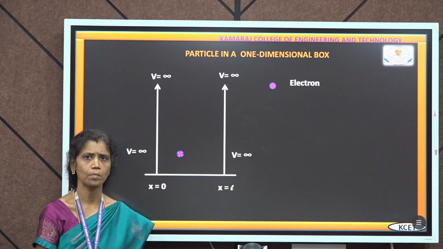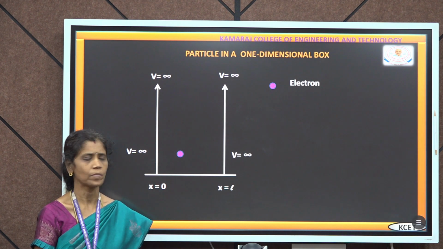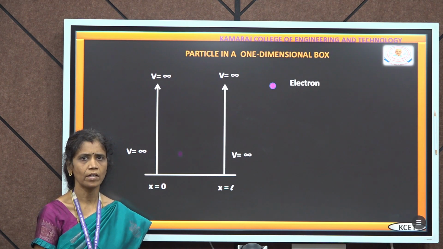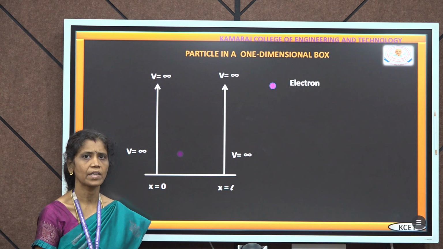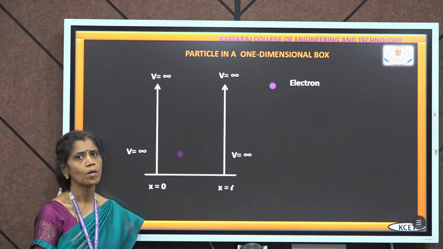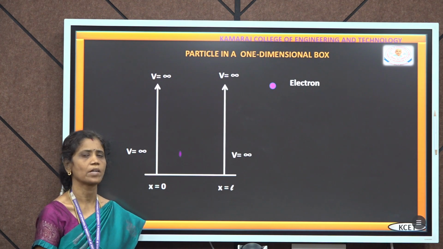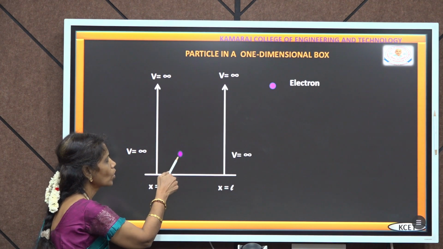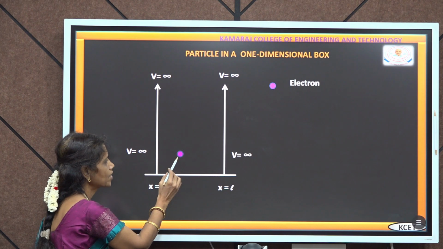Here in our system, we take an electron of mass m. The particle, that is the electron of mass m, is confined inside the one-dimensional potential box.